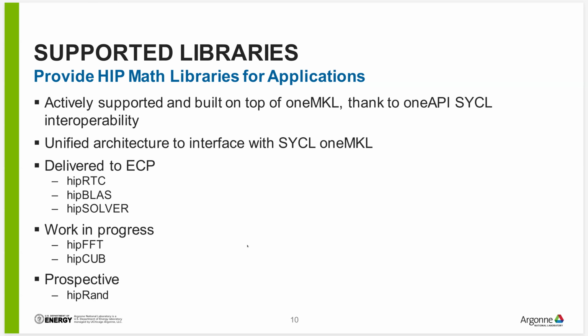So we deliver to ECP hipRAND, hipBLAS, and hipSOLVER. We are working on hipFFT, hipCUB, and people have also been asking about hipRend, which is something we are looking into. But you should have pretty good support from the first three libraries, the BLAS and the Solver.